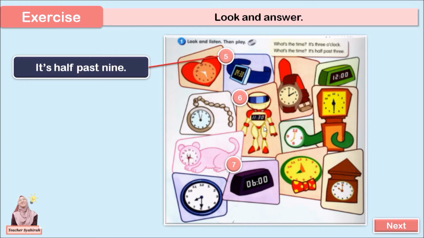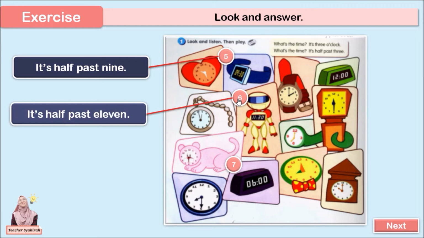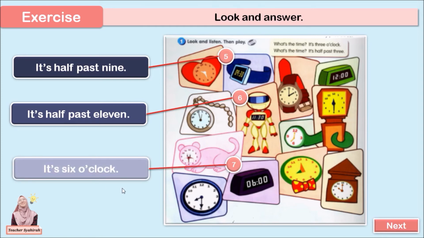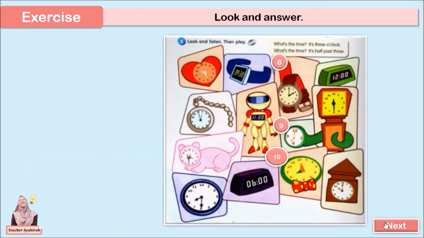What's the other way of saying 11:30? Correct, it's half past 11. And then the next one, it shows 6:00. So how do you read it? Yes, it's 6 o'clock. Now move on to the next row.